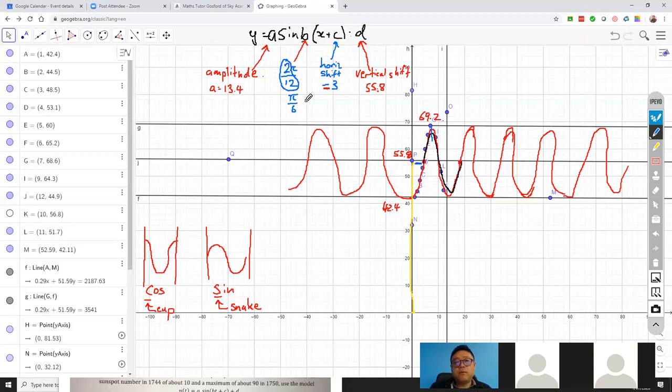You'll get 0.52. But as a fraction, you just press the SD button. When I press SD, it doesn't change to anything. Oh, it's basically going to be 1 on 6. So 2 on 12 is the same as 1 on 6. And then with the pi, it'll just be pi on 6.